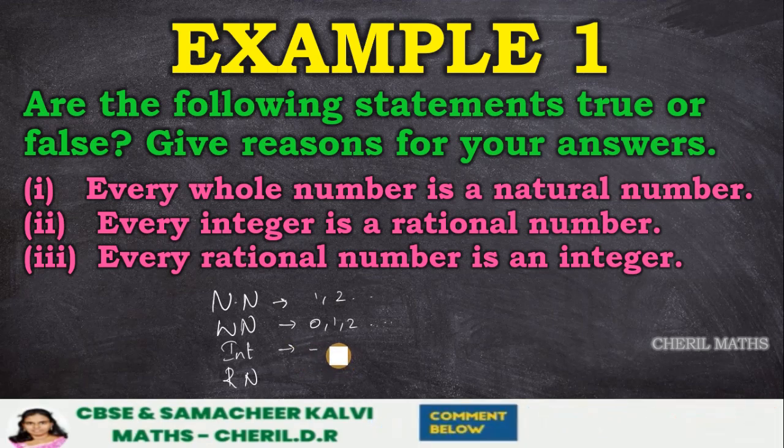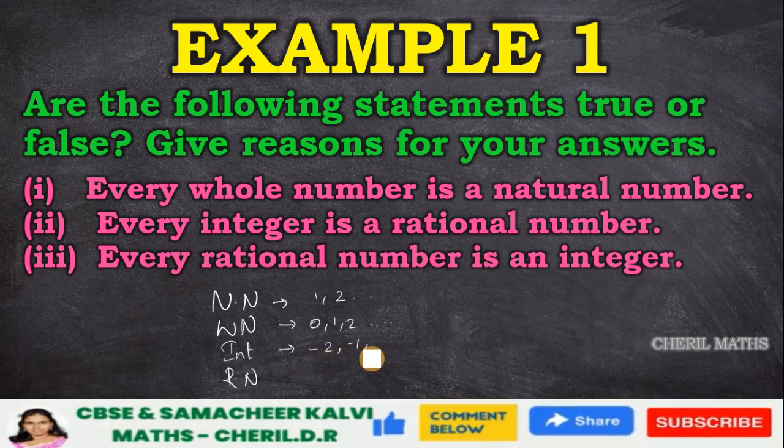Integers include negatives too: minus 2, minus 1, 0, 1, 2 and so on. Rational numbers are numbers in ratios, or fractions, of the form p by q, where q is not equal to 0. So this is a quick recap of the previous video.